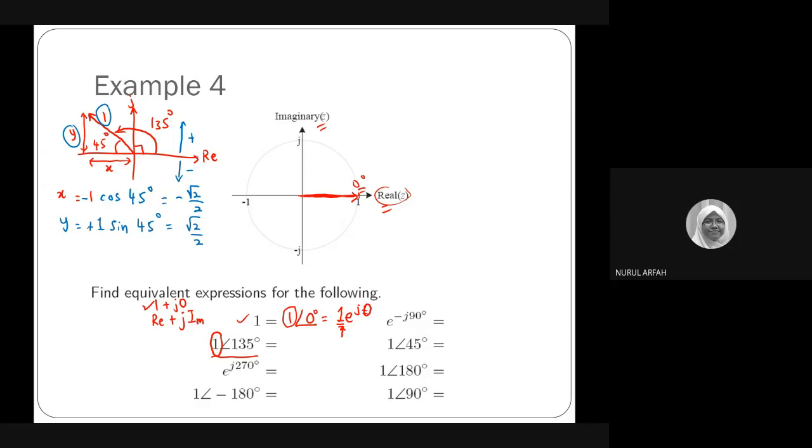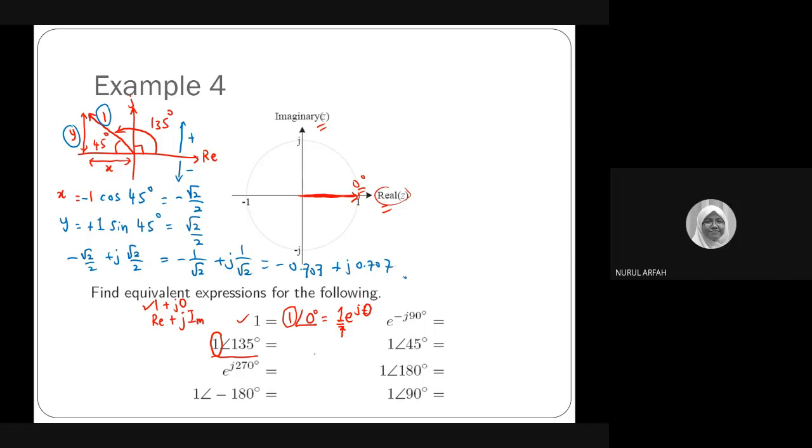Since we want to write it in terms of rectangular form, you can write negative 1 over square root 2 plus j 1 over square root 2, up to you. But usually we need decimal numbers, right? So plus j 0.7, something like this.